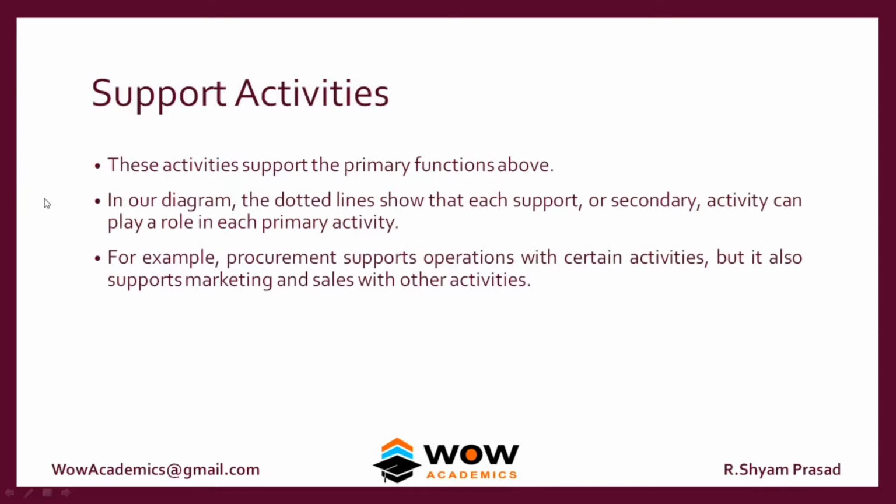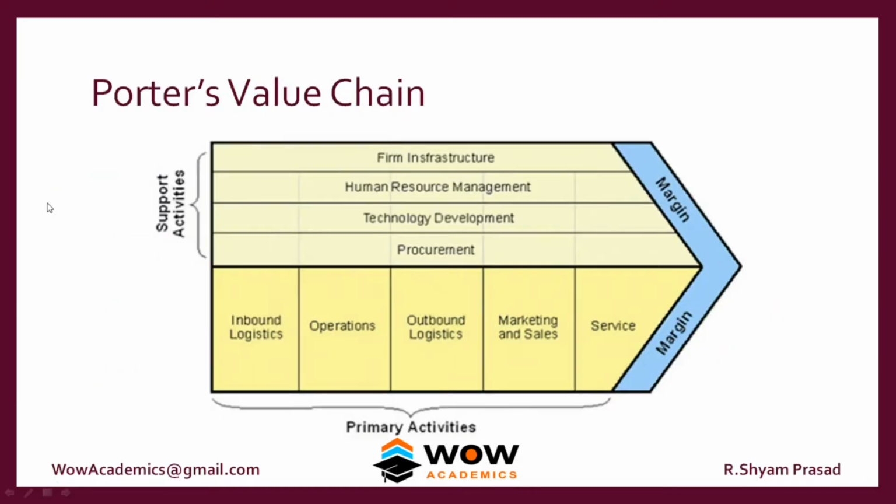Now we'll move on to the support activities. If you see this diagram, there is a slight dotted line which goes up to human resource management. What does this mean? Procurement is done across all the primary activities. Procurement is purchasing.